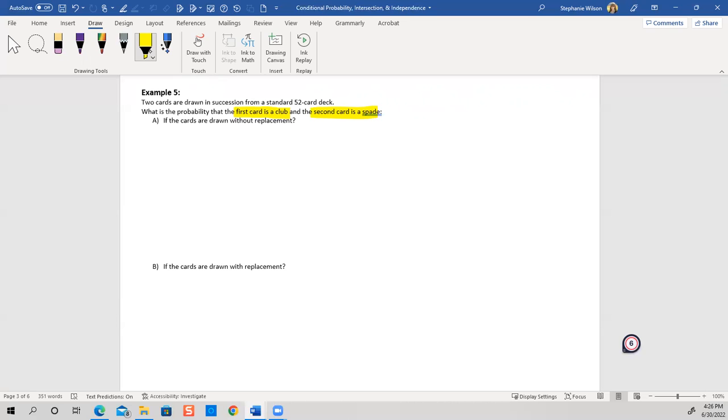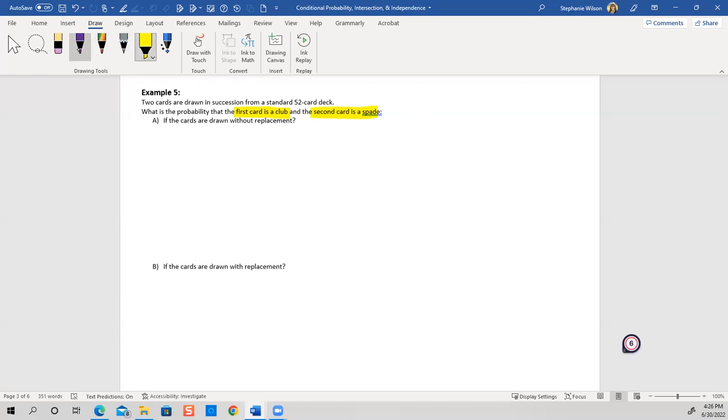We will need to perform a conditional probability calculation to find the probability of the intersection of the 2 events, because we do have 2 events going on: the first card drawn is a club, the second one drawn is a spade. We are looking for the first event and the second event. Also, since the probability of each event is non-zero, we can use the product rule for events A and B with non-zero probabilities. So here we go.